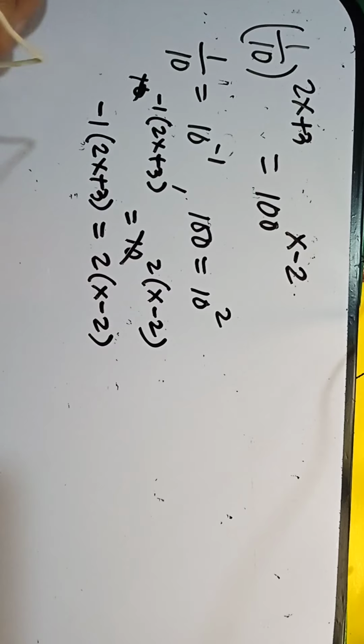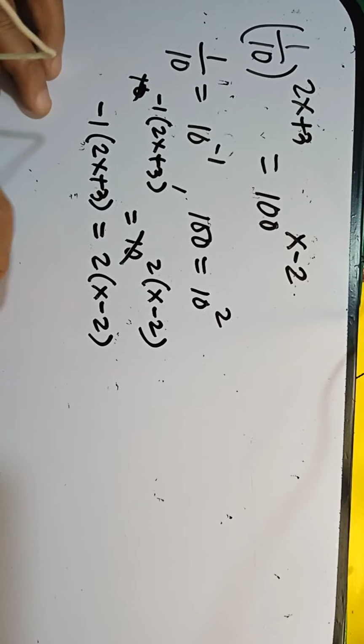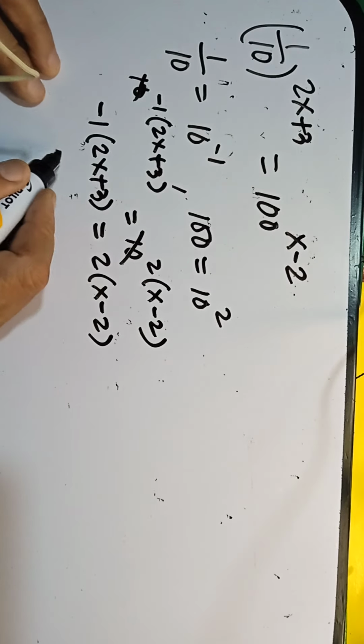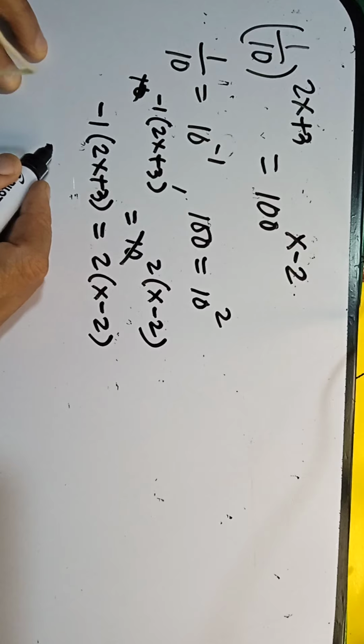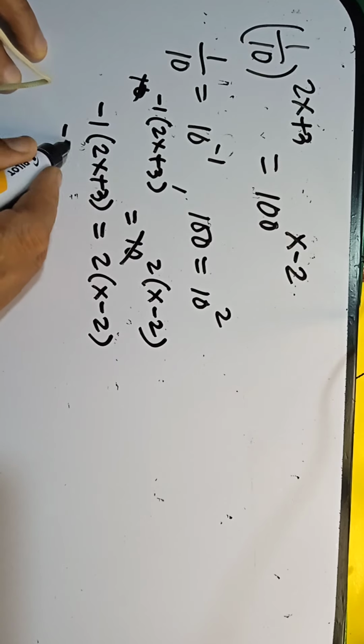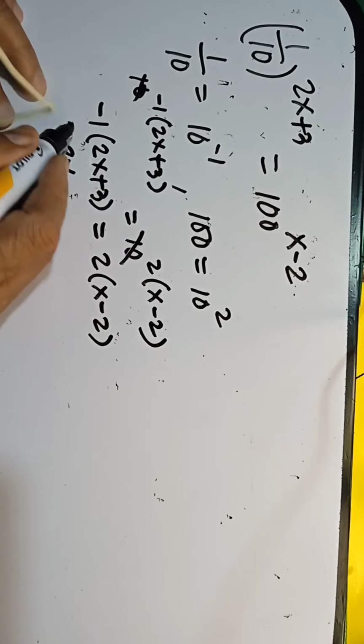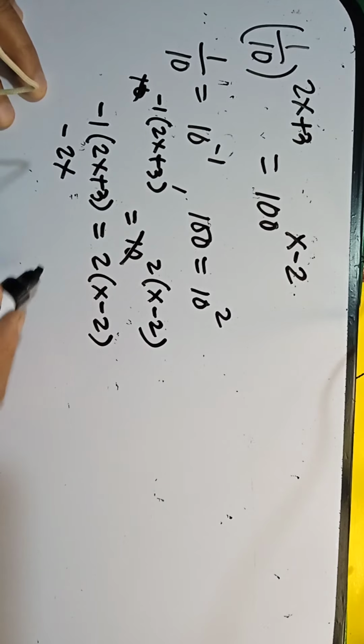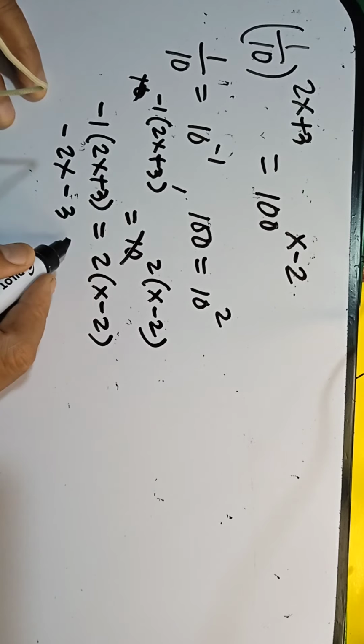A negative 1 should be distributed by multiplication to the terms inside. So negative 1 times 2x is negative 2x, and negative 1 times positive 3 is negative 3.